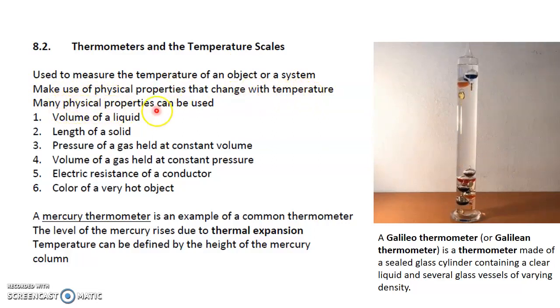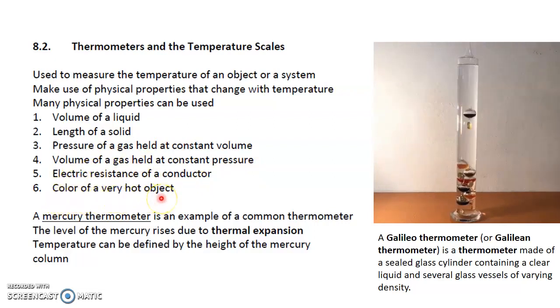Many physical properties can be used, for example, volume of a liquid, length of a solid, pressure of a gas held at constant volume, volume of a gas held at constant pressure, electric resistance of a conductor, or color of a very hot object.